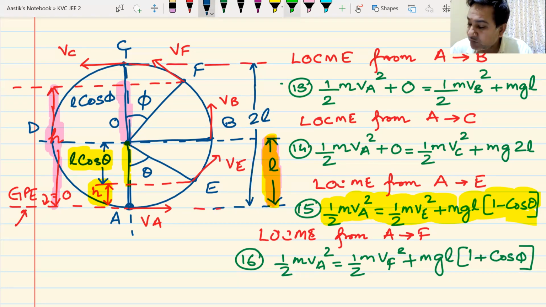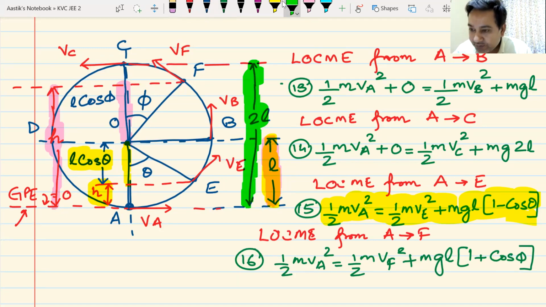From here to here, it is 2L. From this 2L, if I take out this green part, so now pink has been overlapped with green, if I take out the smaller green part from the bigger green, I have my answer again.